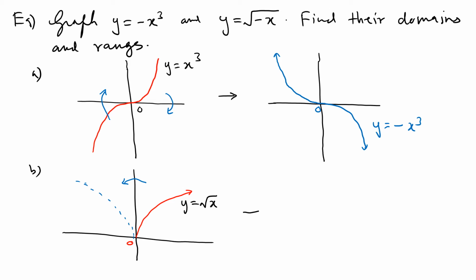So if you draw it, we're gonna get a graph like that. Start with 0. So that is the graph of y equal square root of negative x. Okay, so it's very clear. We reflected about the y-axis in this case. That's what the theory says.